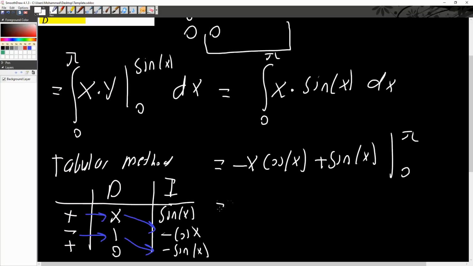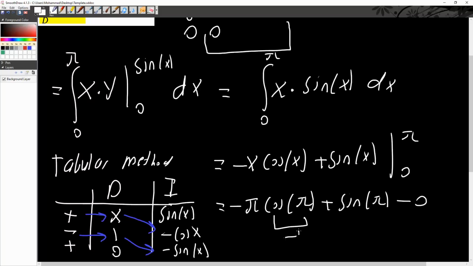So we would get negative pi cosine pi plus sine pi, minus 0. So 0 for x would make 0, and sine 0 is also 0. And cosine pi is negative 1. Sine pi is 0. So negative pi times negative 1. So our final answer is pi.